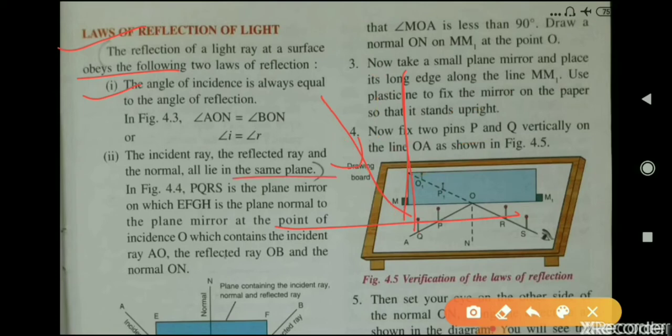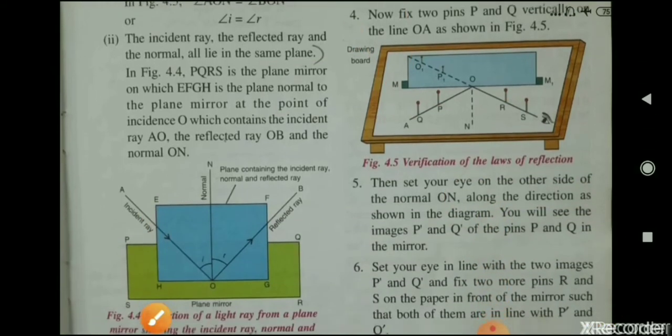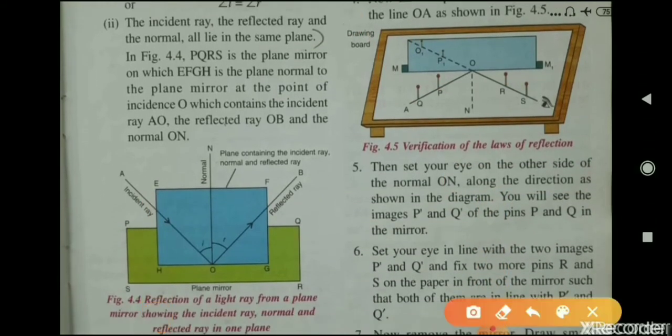As you can see in this figure, PQRS is a plane mirror, and EFGH is a plane normal to the plane mirror. So the incident ray, the reflected ray and the normal all lie in this plane. As you can see here, this is the incident ray, this is the reflected ray, and this is the normal.